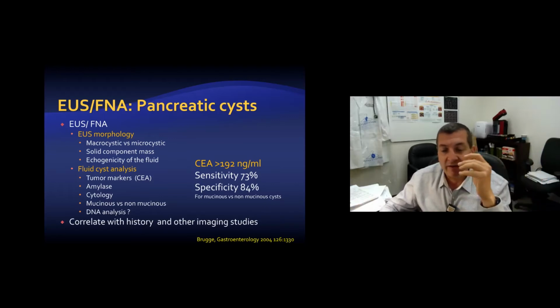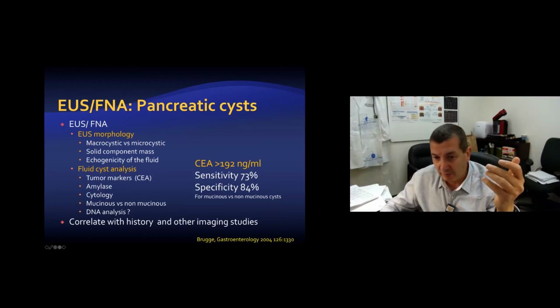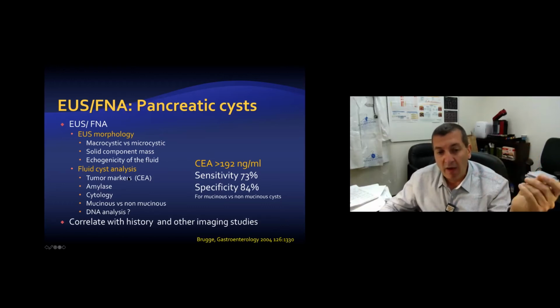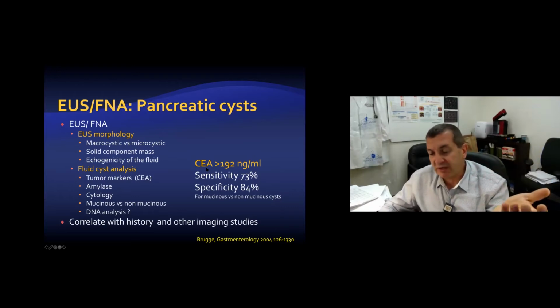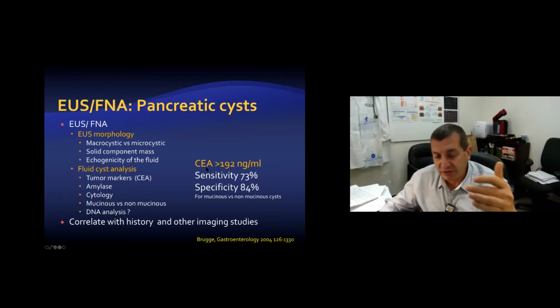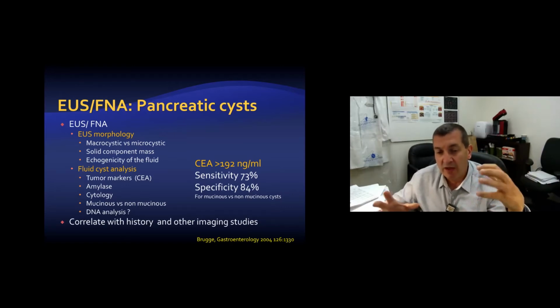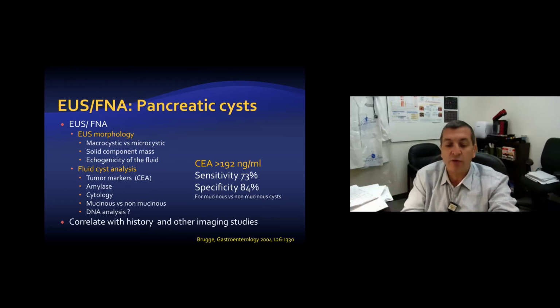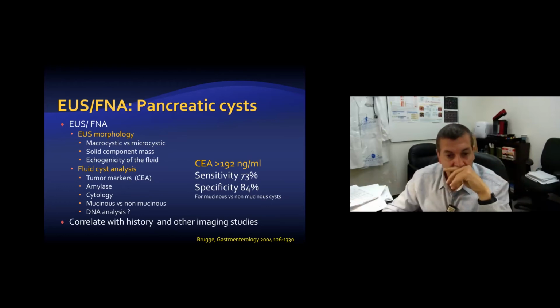If it is a very high CEA level, like more than 1,000, for example, and a low amylase level, that puts it in the category of a mucinous cyst, even a mucinous cyst adenocarcinoma. So that's just an example of how, when we interpret those fluid analyses, we can divide the different types of cysts into what they are. Okay.